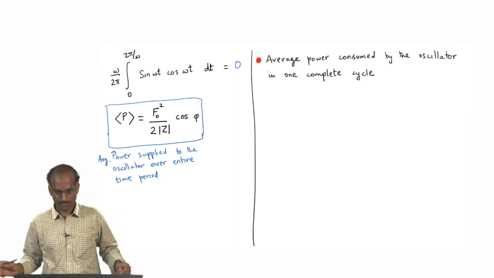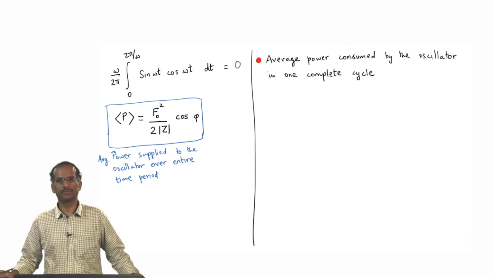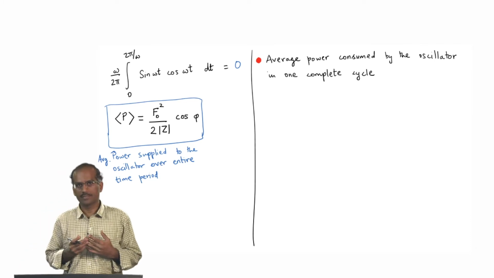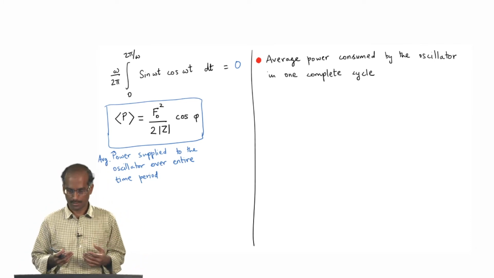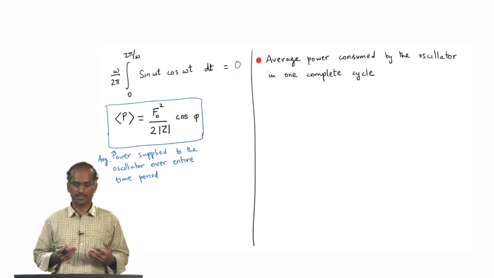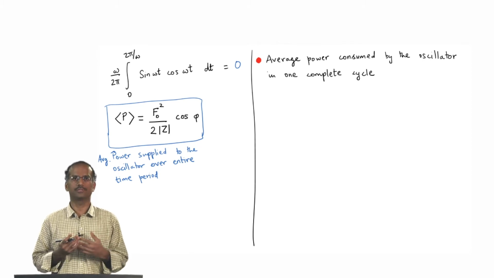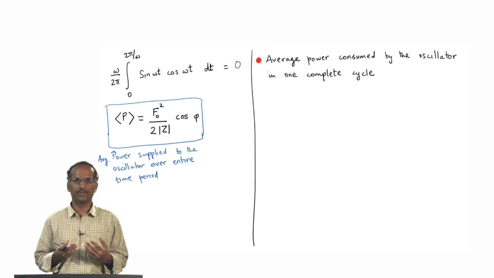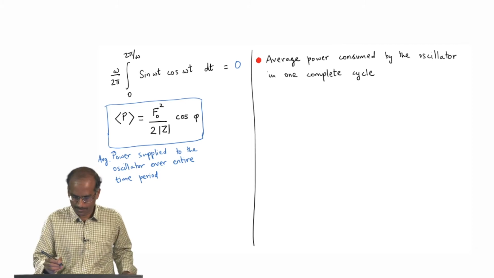I want to compute this quantity, average power consumed by the oscillator in one complete cycle. So, it means that the oscillator is overcoming friction and is doing work.